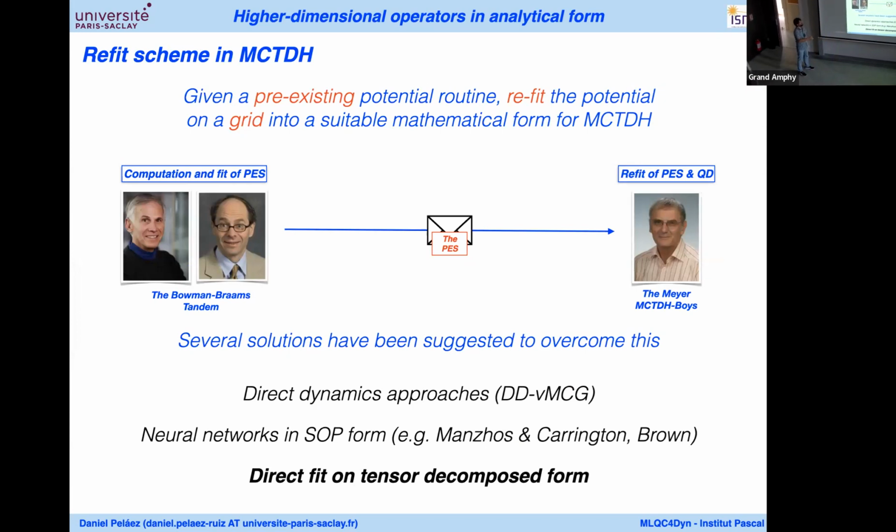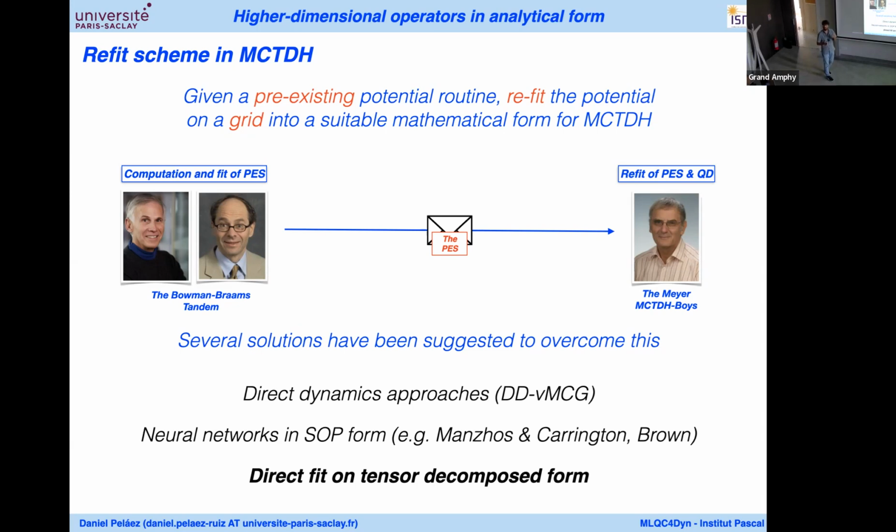This is Hans-Dieter Meyer from Heidelberg, who understands quantum dynamics but needs quantum chemistry calculations. And you've got here Joel Bowman and Bastiaan Braams. They came up with this great method with permutationally invariant monomials, a fantastic method to fit high-dimensional polynomials. Then you say, listen, I'm interested in this system. Would you compute that? Or may I use your surface that's already computed? This is the way it works.